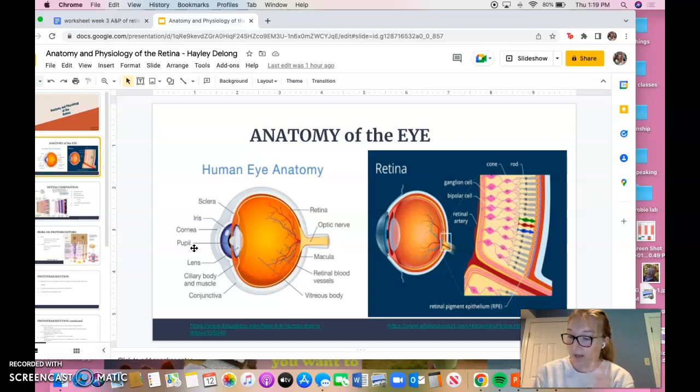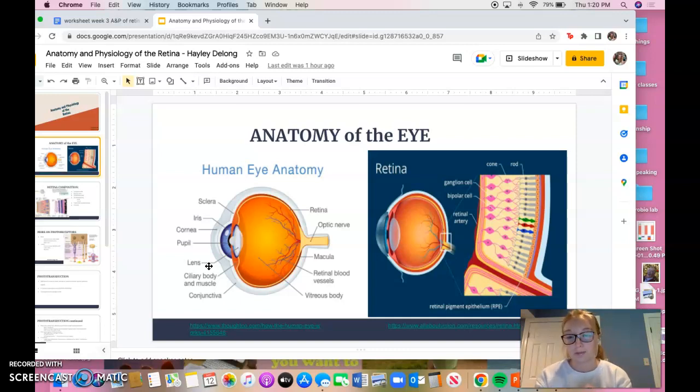Through the lens, it focuses the light on the retina, which is this yellow line that surrounds the eyeball. The sclera goes around that as well, which is more like a protective layer that reinforces the area and creates the shape of the eyeball as well.